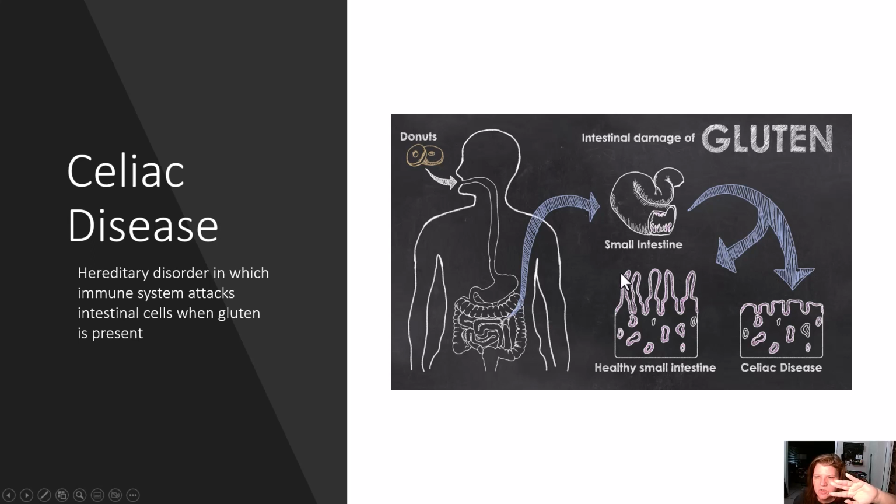Well, as those are destroyed by the immune system that is attacking it anytime gluten is present, they slowly just kind of deteriorate away until there's a smooth surface. And that's problematic for us because remember, these finger-like projections, the main function of that was that it increases the surface area, which gives us more opportunity to be able to absorb things.